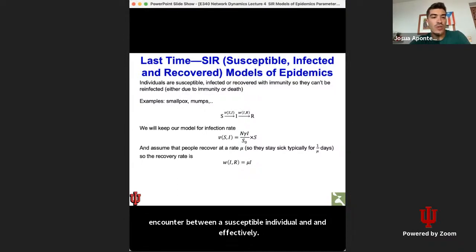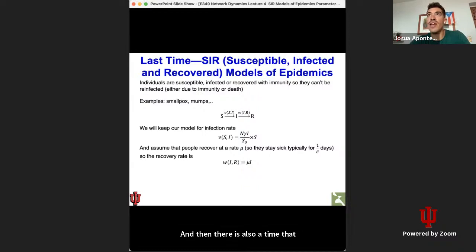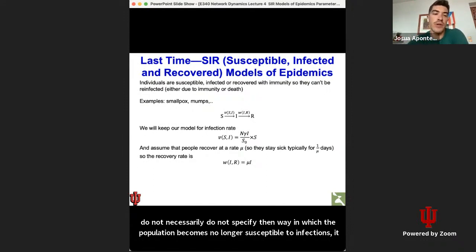And then there is also a time that an infected individual remains infectious, after which it recovers, or it could also die from the infection. SIR models do not distinguish the way in which the population becomes no longer susceptible or infectious. It could be because a person died, or it could be also because it recovers and develops immunity.